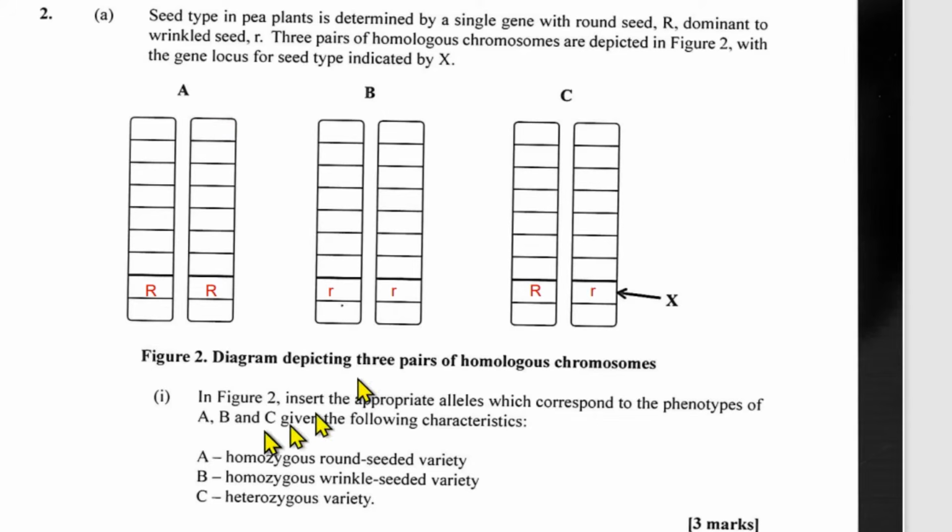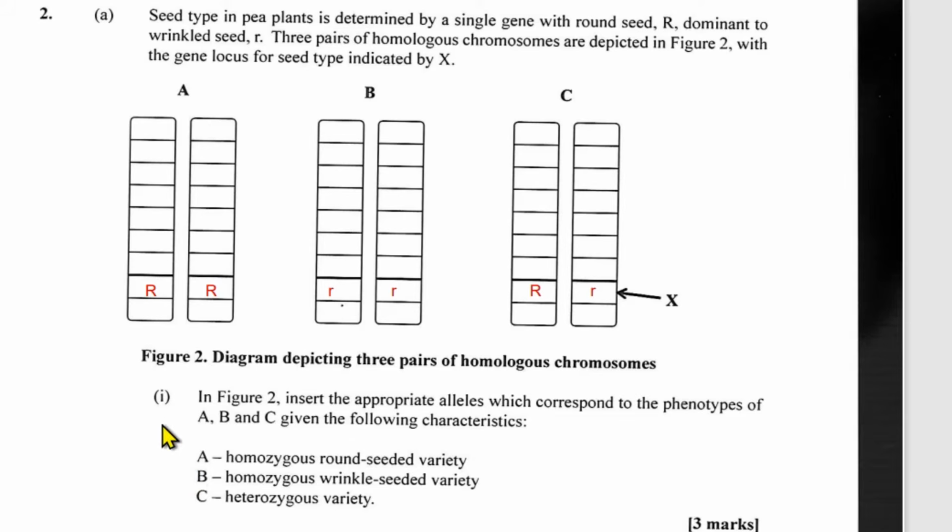And they said in figure 2, insert the appropriate alleles which correspond to the phenotypes A, B, and C given the following characteristics. So A is a homozygous round seeded variety. So remember, round is dominant, so you're going to have a capital R on one locus and another capital R on another locus. B is going to be a homozygous wrinkled seed variety.